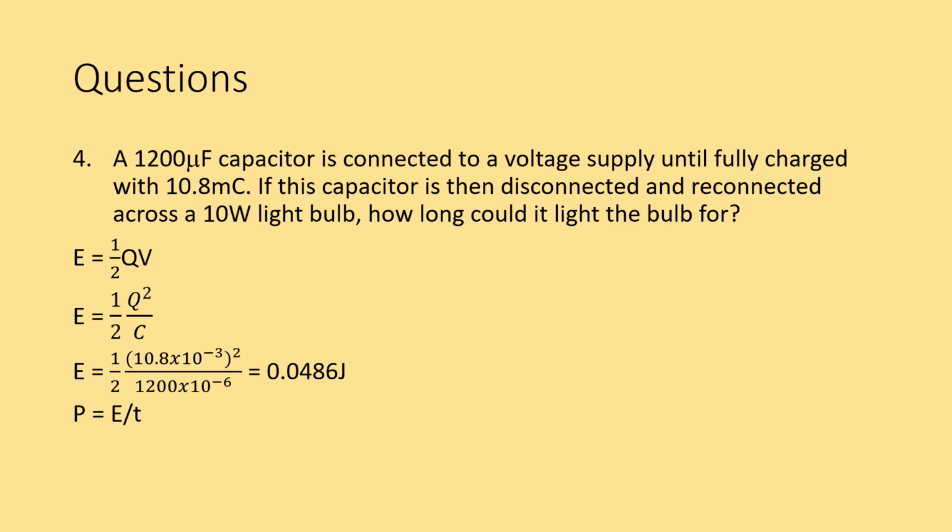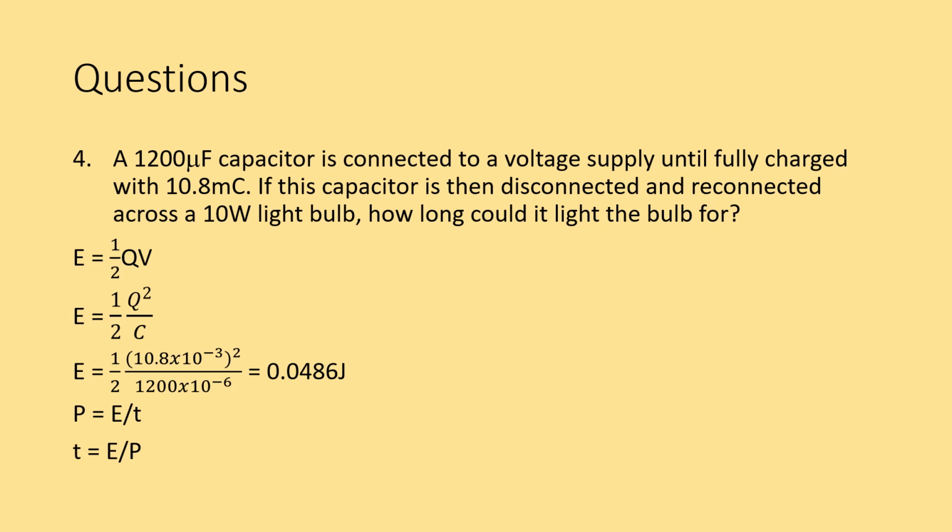It's always good to sense check and expect the kind of answer that you're looking for, because if you've made a mistake in a calculation somewhere and you just blindly accept an answer without thinking about it, you're going to lose marks. But if you look at this and think, what does this equation mean? Power is energy divided by time. That's 10 joules per second being consumed by this light bulb. I have much less than 10 joules. The time that I'm going to get from this capacitor is going to be much less than 1 second.